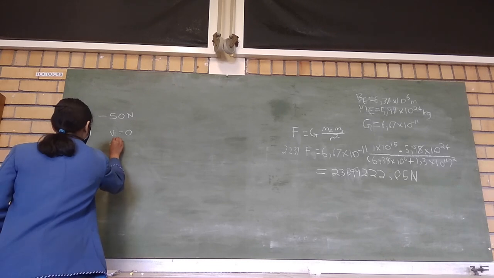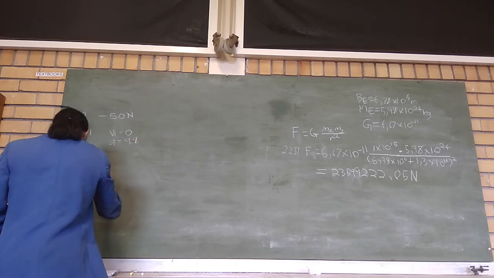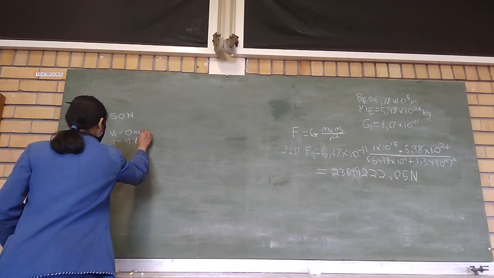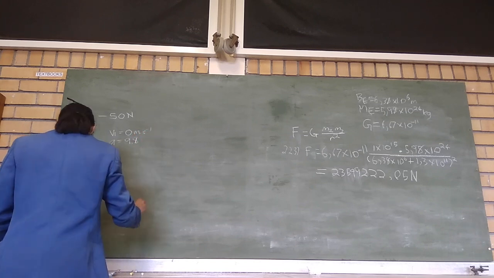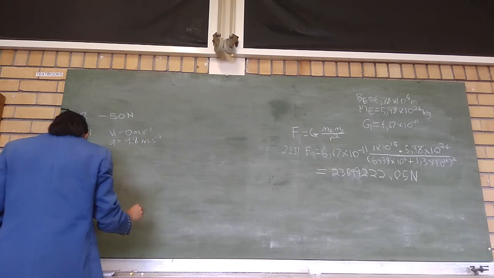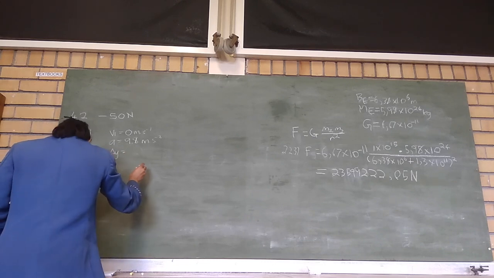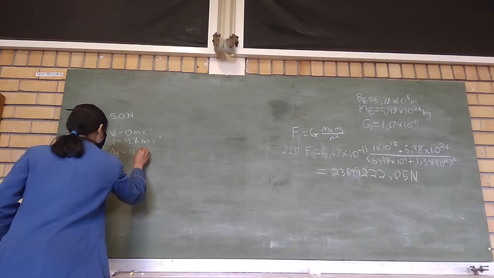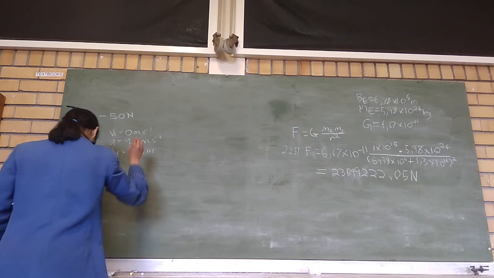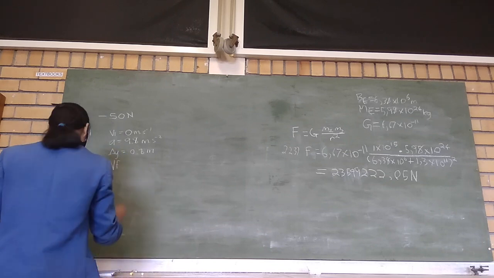Write the variables first. Good for example. Make sure you're using a delta y, not a delta x. You can tell me why. Y is vertical, x is horizontal.